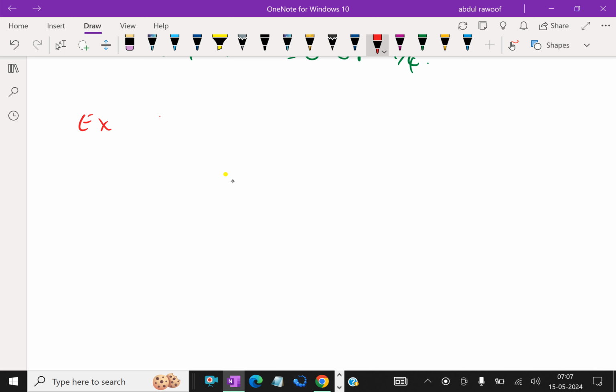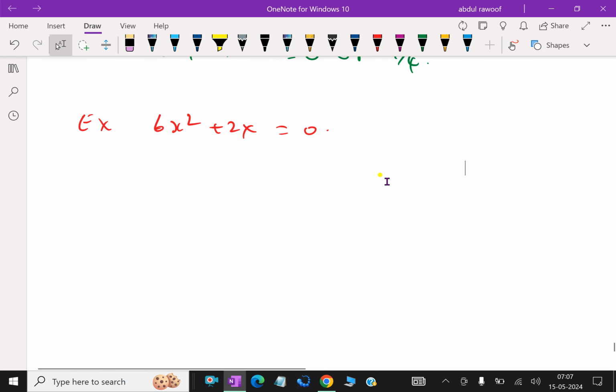Factorize and solve 6x squared plus 2x equals 0. Here x squared and x have common x, as well as 6 and 2 have common 2. So we have to take 2x as a common factor. Then 2x times 3x is 6x squared, plus 2x times 1, because 2x taken out completely leaves 1, equal to 0.